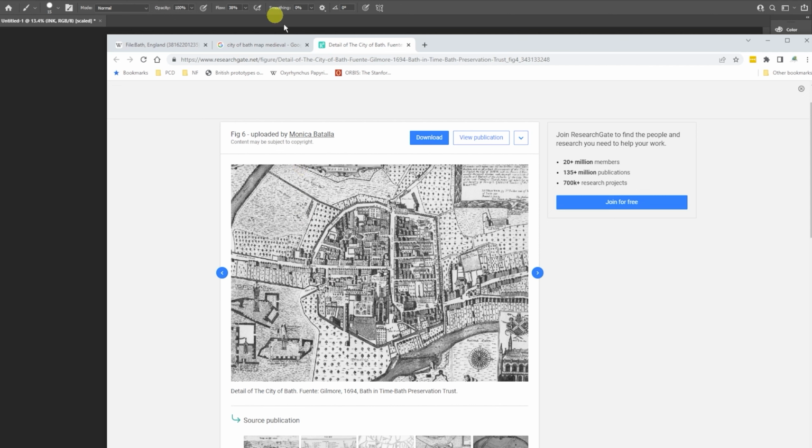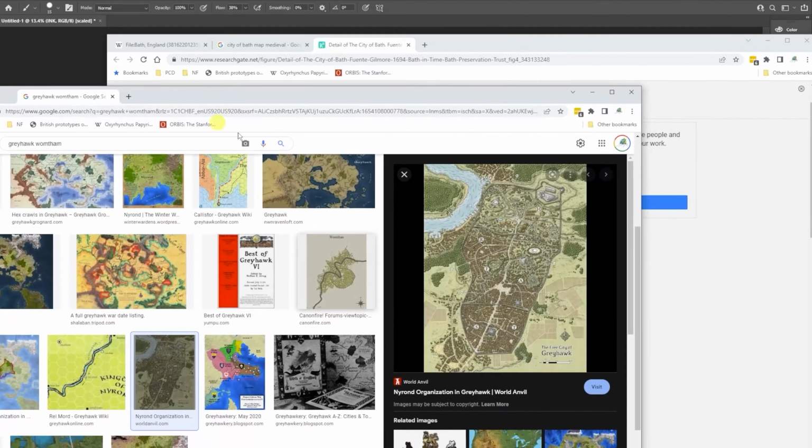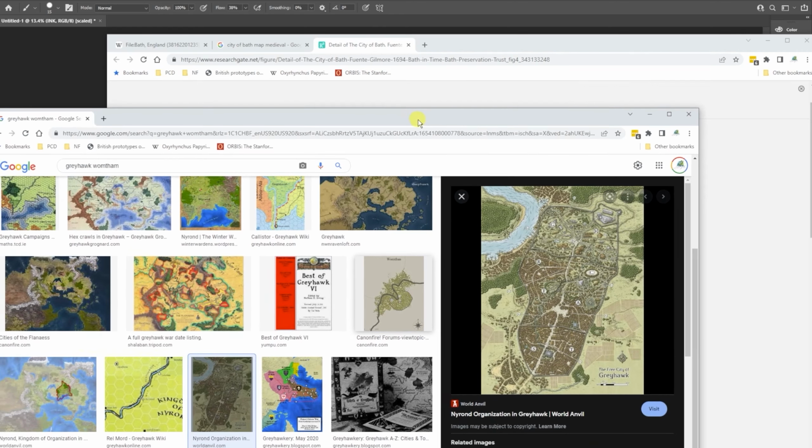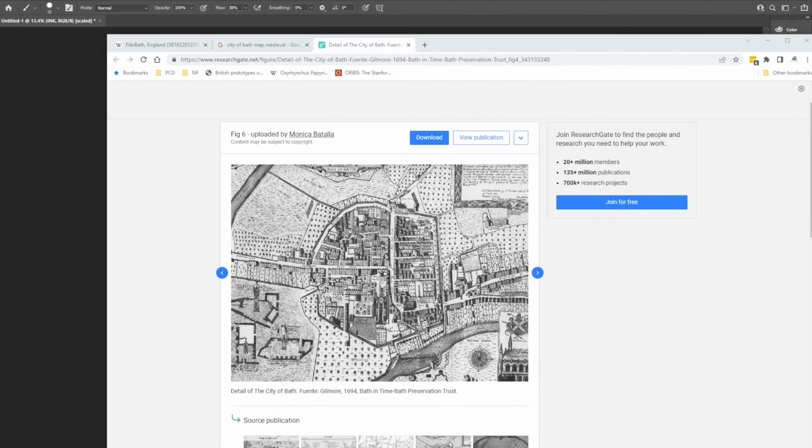The city of Greyhawk has got something similar in reverse, but if you take a look at a city of Greyhawk map, here's one, the free city of Greyhawk, narrow edge up against the river, built away from it. So I kind of don't want to replicate that. And there's something about this shape that irks me, but I can't tell you why it irks me. But I don't really want to do that here.